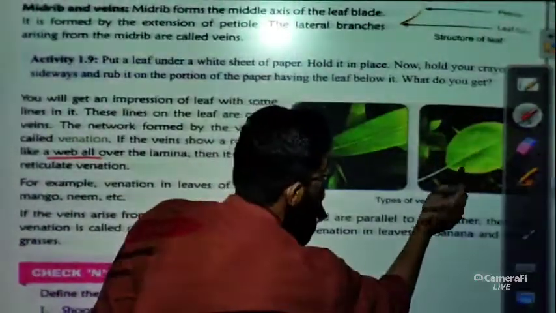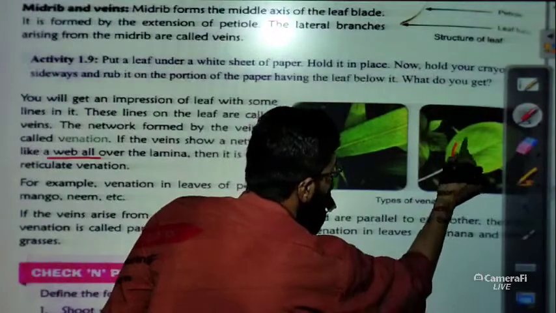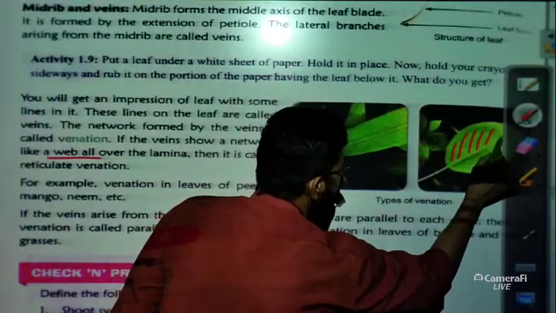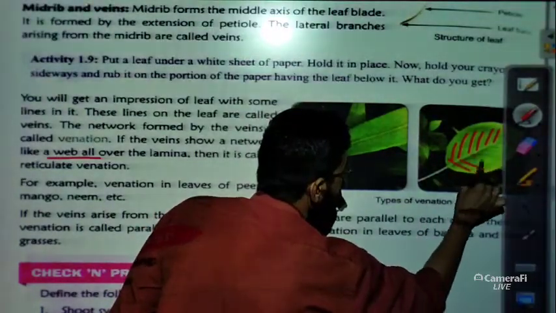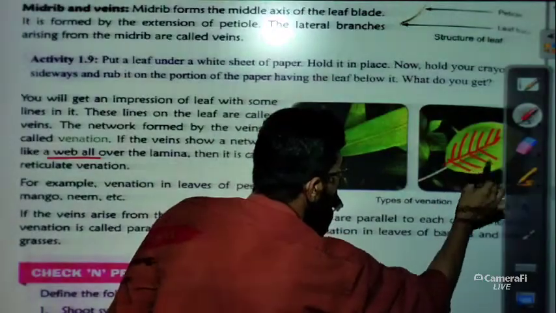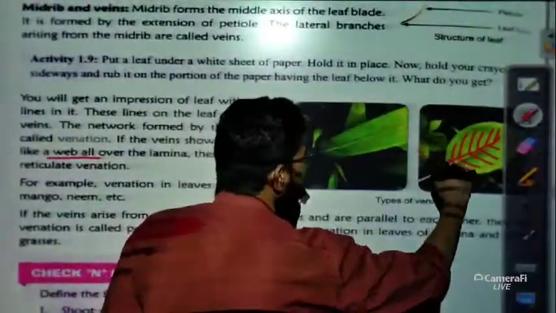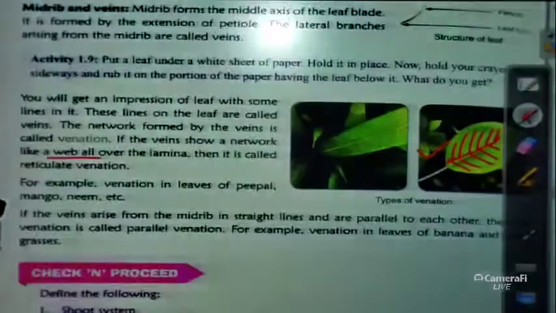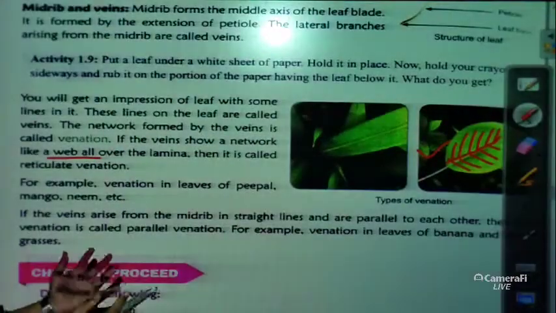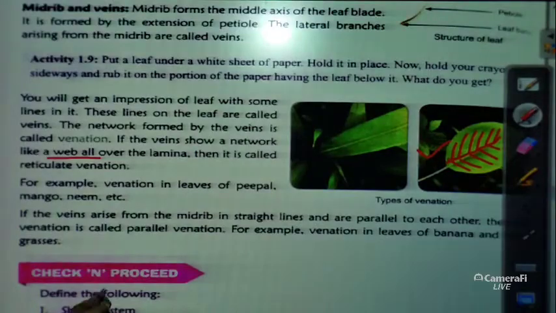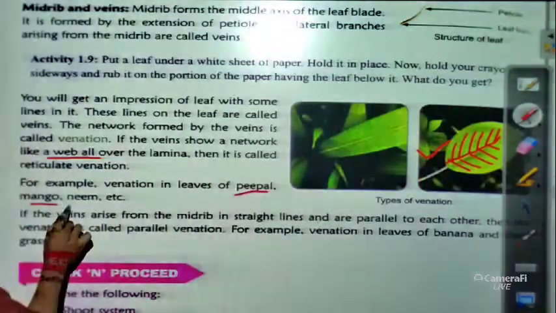You can see here the pictures, this is the midrib, okay, and this kind of structure you will get. So if you find this kind of structure, we call it reticulate venation, okay. For examples, peepal and mango.